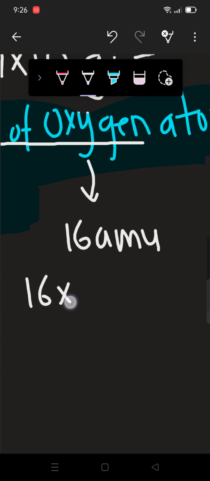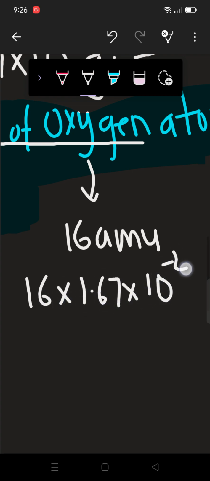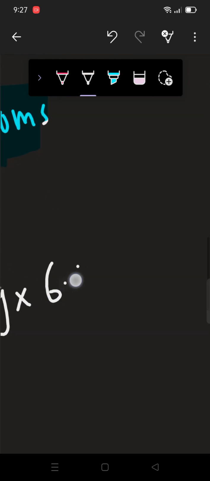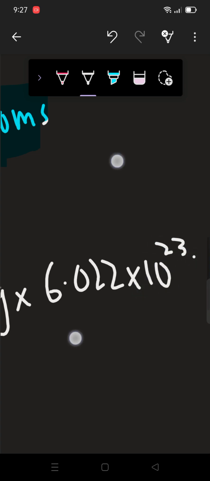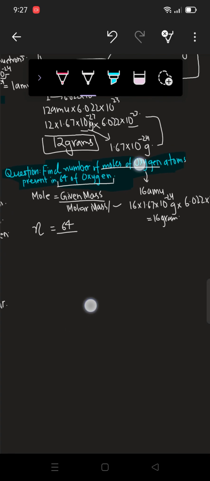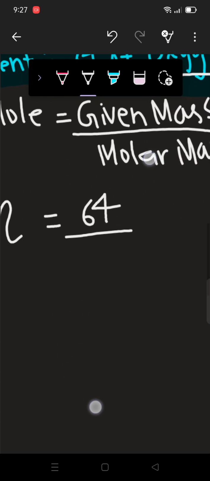So 16, instead of AMU, 1.67 into 10 to the power minus 24 gram, into 6.022 into 10 to the power 23 atoms of oxygen. When I multiplied these all, I got 16 gram at the end. So 16 gram is basically the atomic mass, or you can say molecular mass. So I have written here 16.